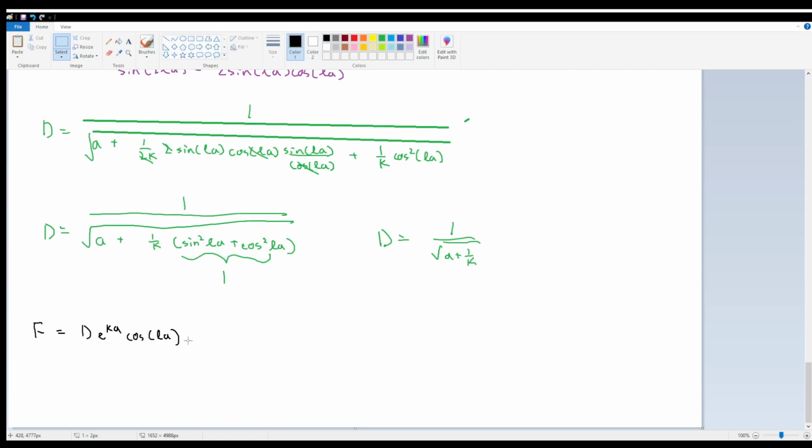So if we plug in D, F is equal to e to the Ka over the square root of A plus 1 over K, multiplied by cosine of LA. And with that, we are done with this problem.